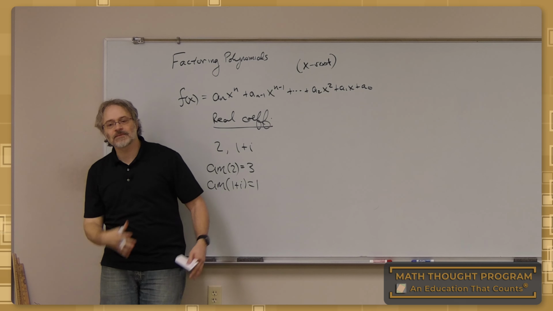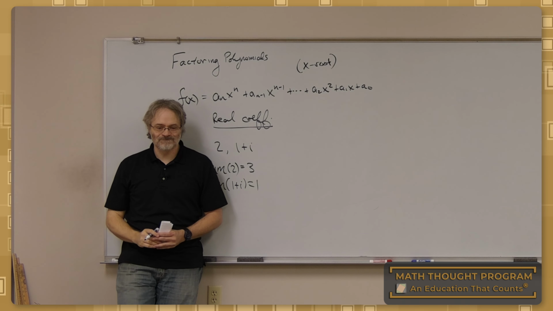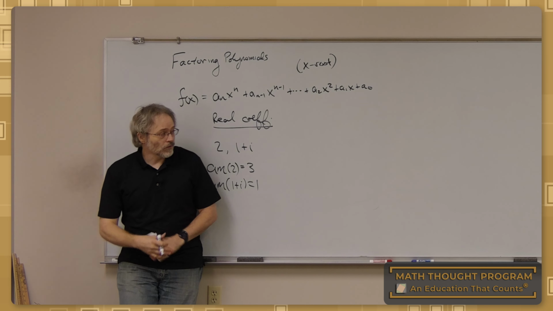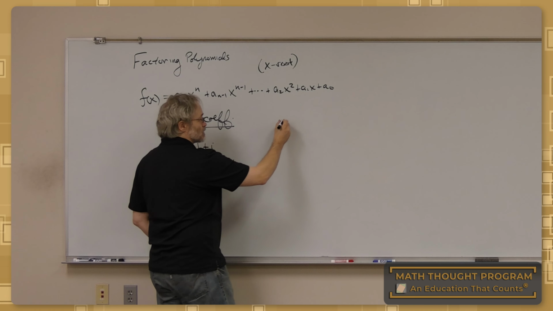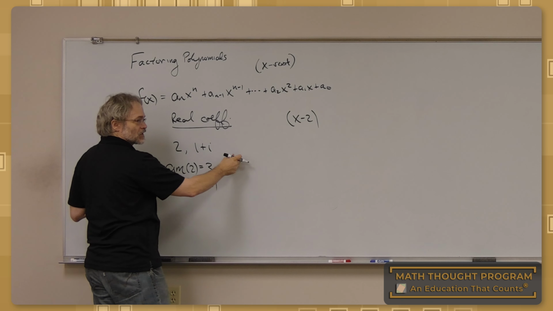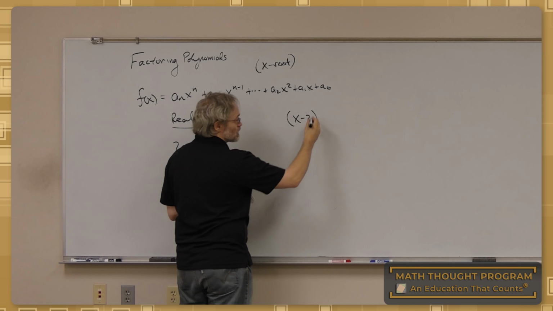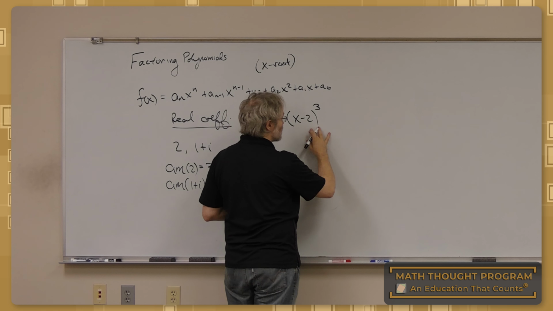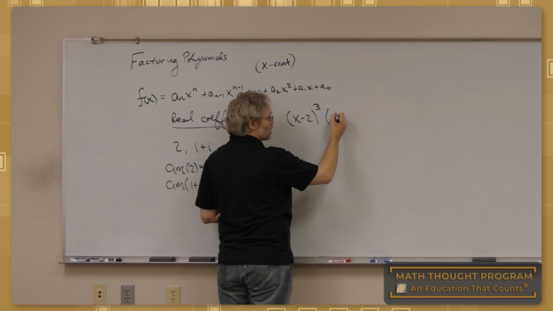Otherwise, if you do not have that as a factor for your polynomial, it's not a root. Okay, so again, I know that 2 is going to be a root, so I know it's going to be x minus 2. I know the multiplicity corresponds to 3. So that just means take this and power it up. Okay, and then likewise, even if it's complex, you do exactly the same thing.